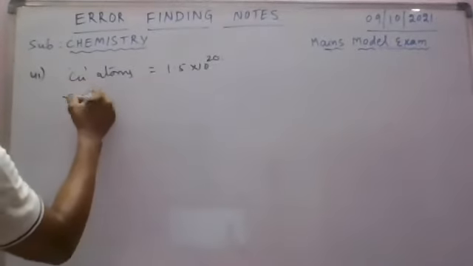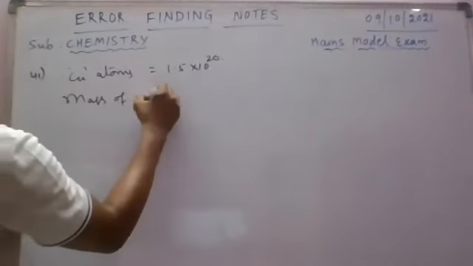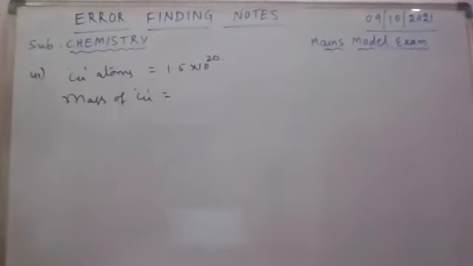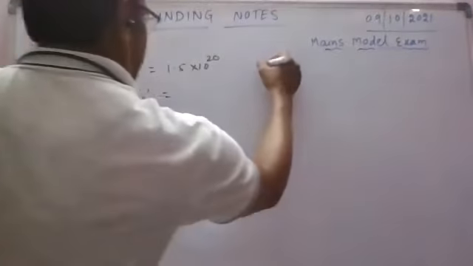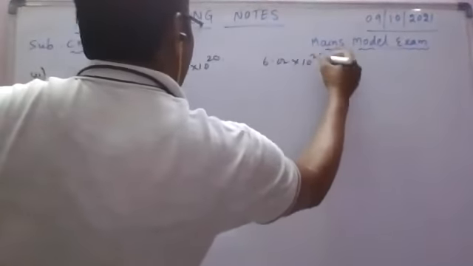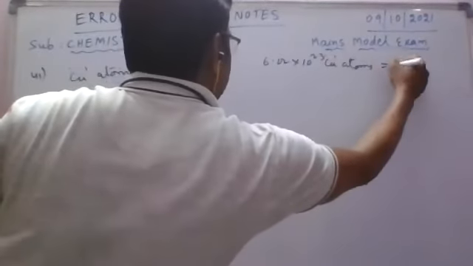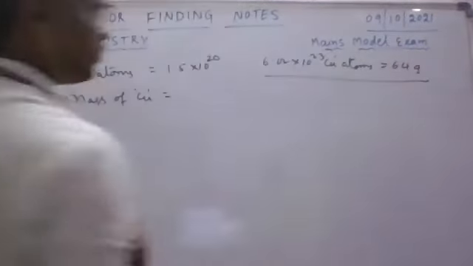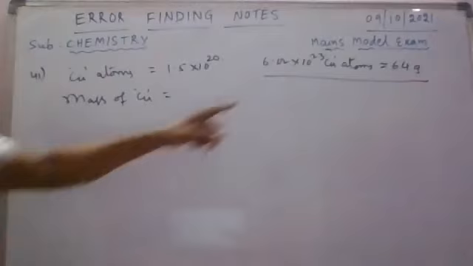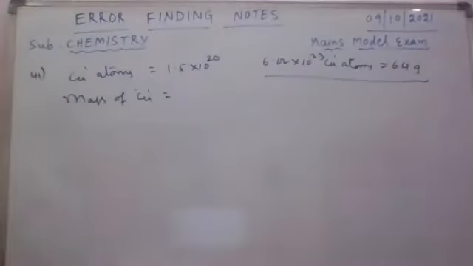From these atoms, first identify the mass of copper. The atomic mass is given: 6.02 into 10 to the power 23 copper atoms have a mass equal to 64 grams.